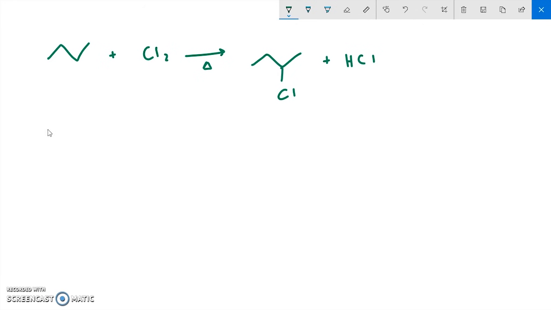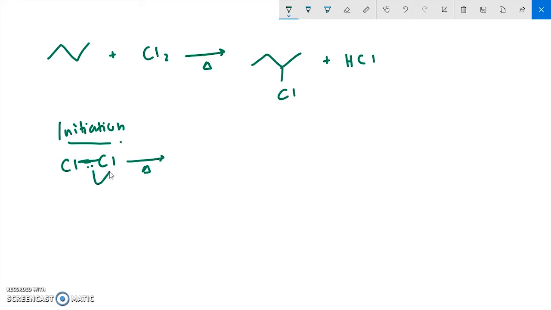The mechanism involves 3 steps. It is initiation, propagation, and termination. For the first step, which is called initiation, it only involves the chlorine, where we have the chlorine molecule Cl, Cl, and when it is heated, it's going to undergo homolytic fission, and as you can see here, the bond over here consists of 2 electrons.